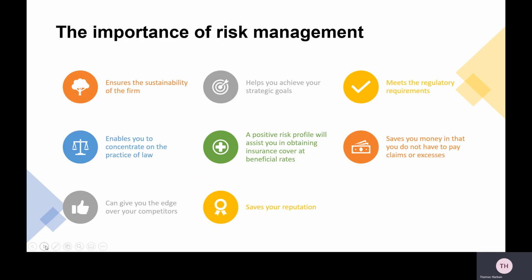I often make the suggestion to legal practitioners that those who have good risk management systems in place should highlight that in their profiles and any other documents they prepare in order to get business, whether it's additional business from existing clients or new business from prospective clients.